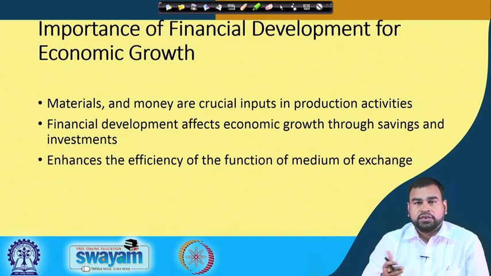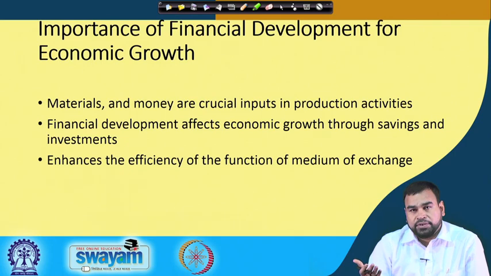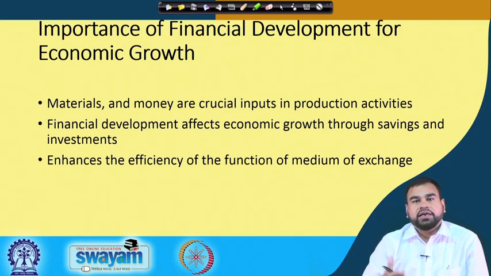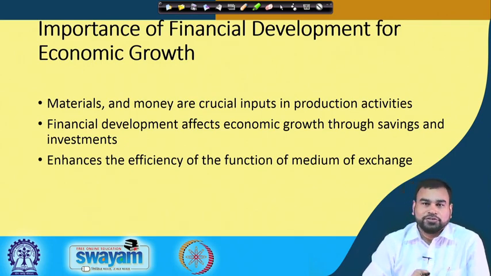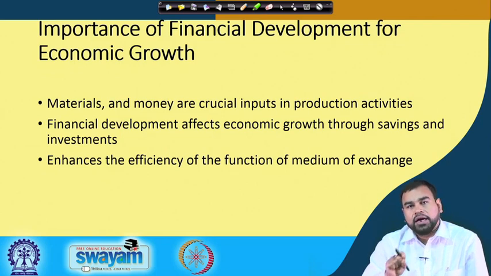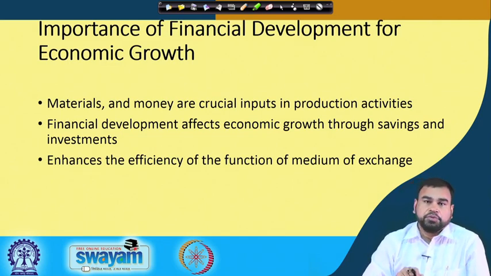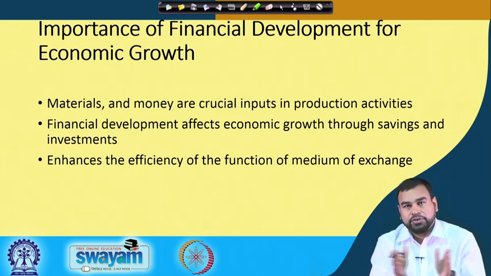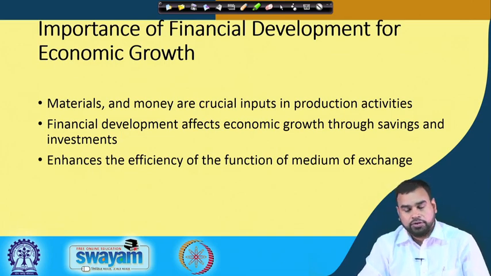Once that efficiency changes, trading and transaction activities get affected, and it will have an impact upon the growth process. So we should know how efficiency in terms of the medium of exchange has been enhanced, and that enhancement is possible through a developed financial system. Because of that, we can have a link between financial development and economic growth.